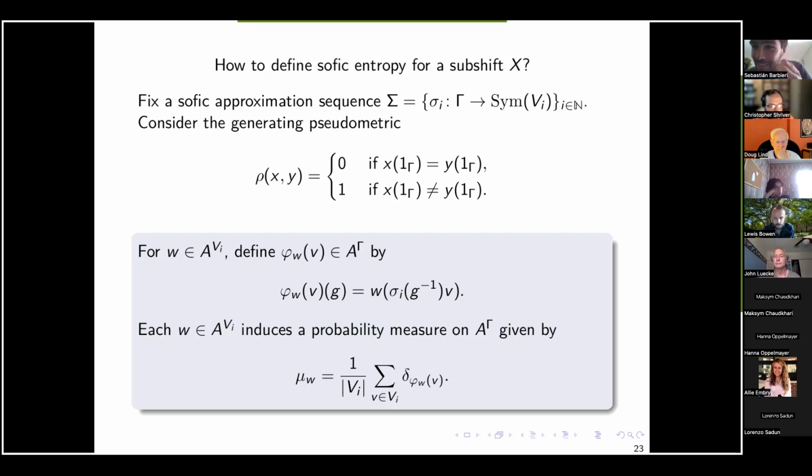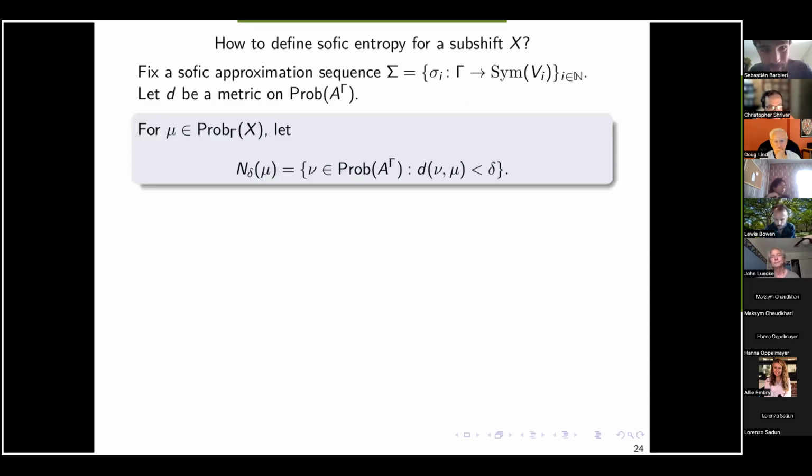But the good thing is that using this probability measure, I can reparameterize what I was reading on the sofic entropy. Again, I have the sofic approximation sequence. I take now a metric on the space of probability measures on A to the gamma, say the Kantorovich-Wasserstein distance. And for an invariant probability measure mu on X, I'm going to define N delta of mu as the set of probability measures on the full shift which are close.